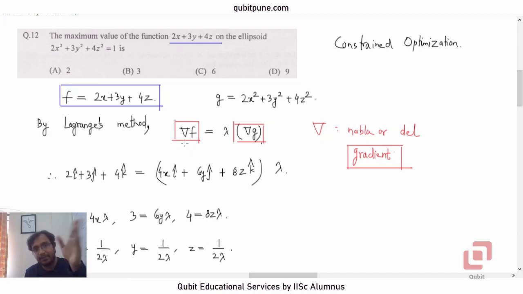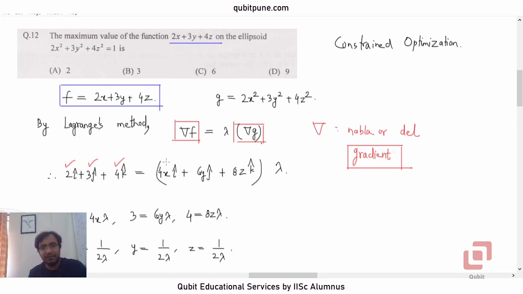Okay, so now we will apply the definition of gradient, which is a partial derivative of the function with respect to x i cap, and plus so on for j cap and k cap. So that's very simple, because the partial derivative of f with respect to x is 2, with respect to y is 3, with respect to z is 4. Now we will do the same thing for g. Partial derivative of g with respect to x is 4x plus 0 plus 0, so that is 4x.